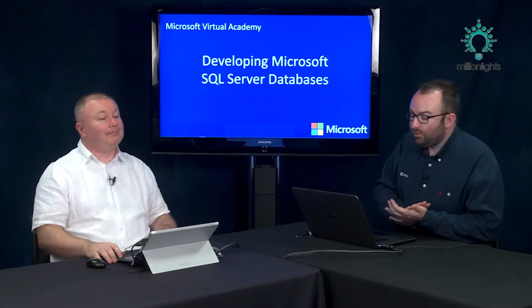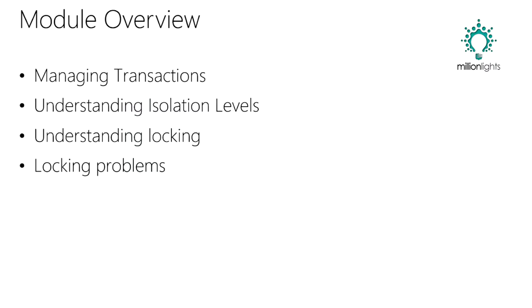Great, thanks Graeme. First of all, we're going to start off by defining what a transaction is and how we manage and use transactions, because it's a fundamental concept for how we use SQL Server. Then we're going to look at understanding isolation levels, another core topic, certainly for your use as you develop against SQL Server, but definitely in the exam there'll be lots and lots of questions and scenarios that will really lean on your understanding of different isolation levels and what that means.